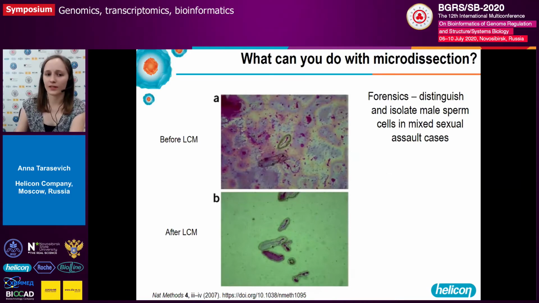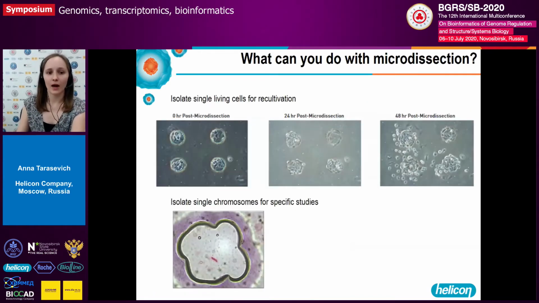Another application is forensics, where microdissection really helps to distinguish, for example, male cells from female cells. It's a very important tool to solve some mixed cases of sexual assault. So it has a really broad application range.